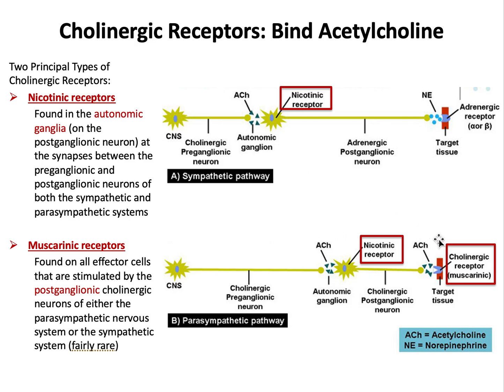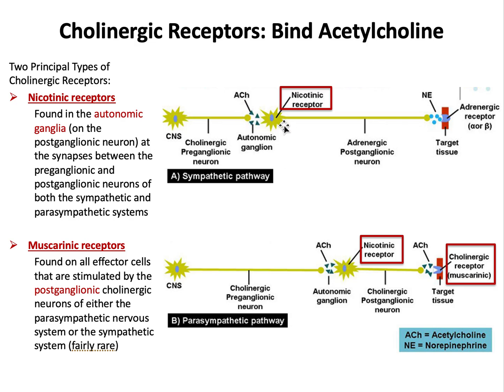I pretty much already discussed this in a little bit of detail in the previous slide, so I'm not going to go over this a lot right now, but again, in the sympathetic and the parasympathetic pathways, our preganglionic neurons are both cholinergic, and they're going to secrete acetylcholine in the ganglia.